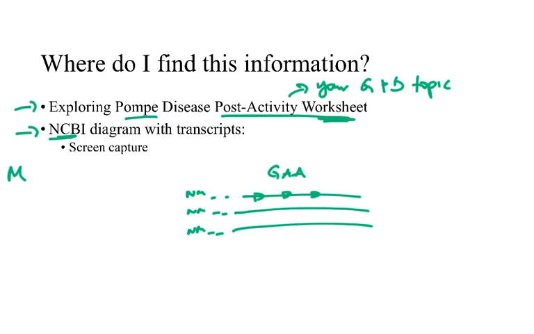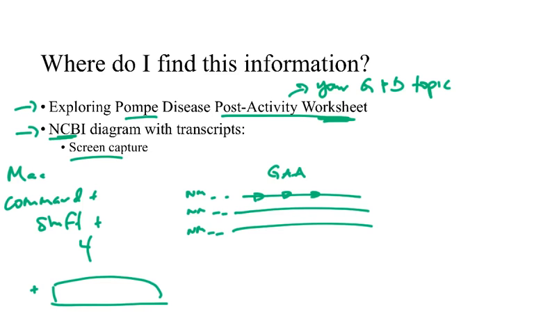I personally use Macs. So for Mac, what you want to do a screen capture is if you press Command plus Shift plus 4, what that'll do is your cursor will turn into this little bullseye, and you can click and drag whatever section you want to capture.